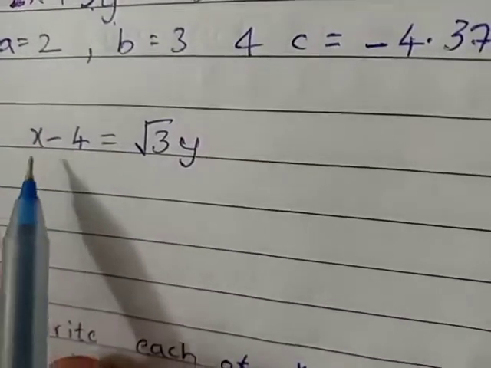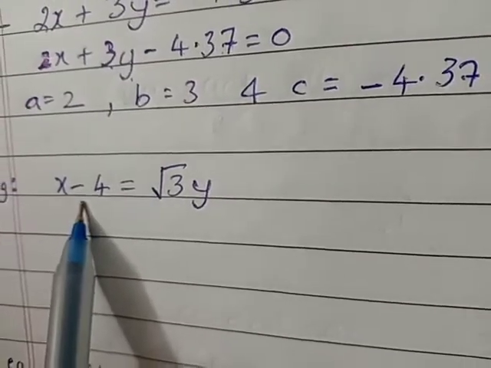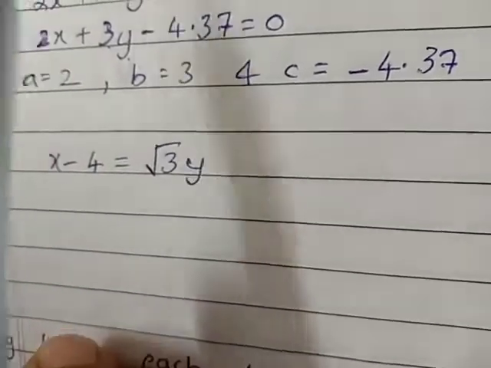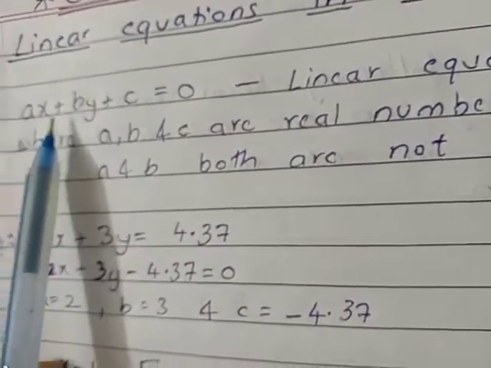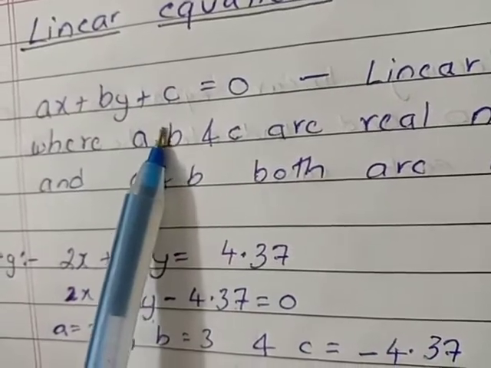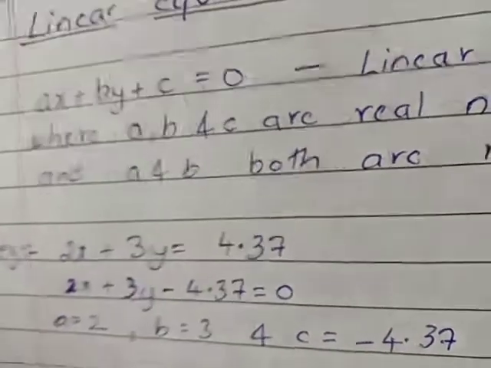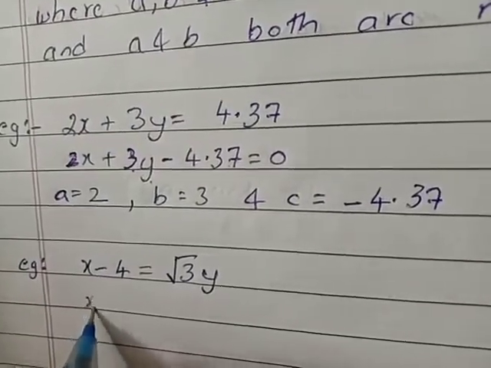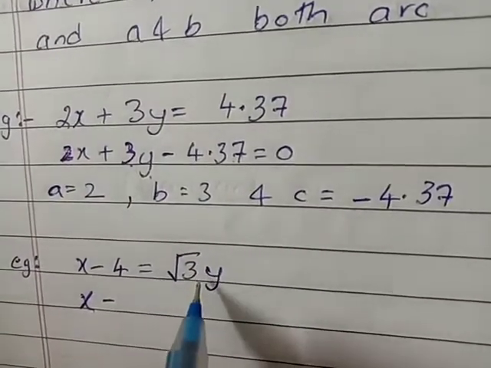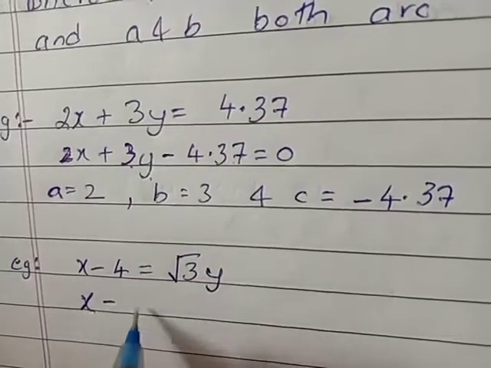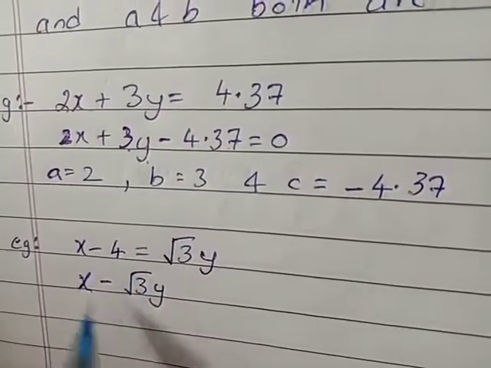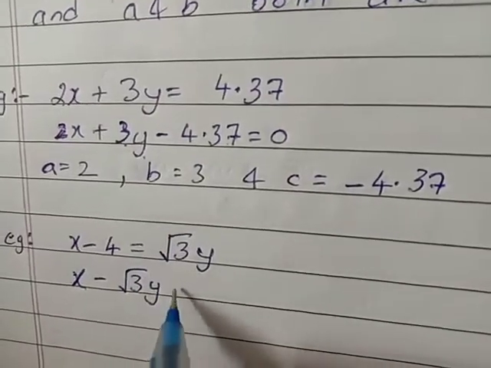Now let's solve one more example, x minus 4 equal to root 3 y. You have to bring it in the form ax plus by plus c equal to 0. So how can this be written? x minus root 3 y, because when it comes on the left hand side the sign will change. ax plus by plus c.